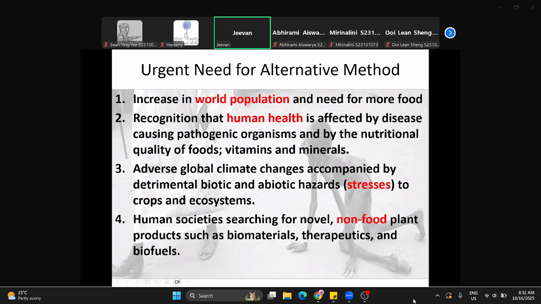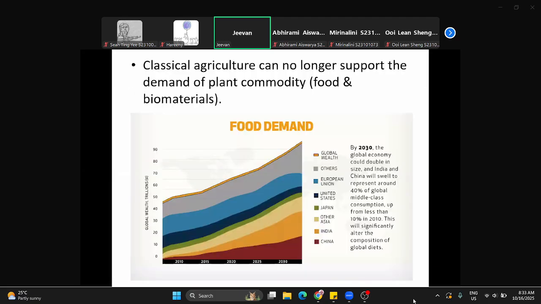So all these are reasons why the agriculture field needs to be revamped and reinforced. And that is where biotechnology comes in as a tool to improve the current agricultural field.